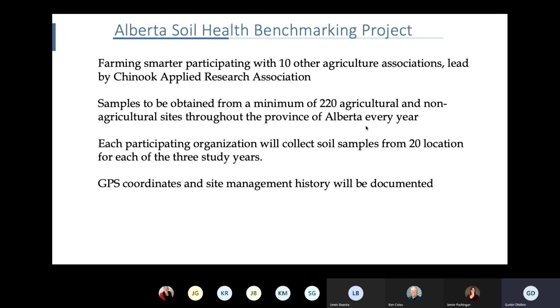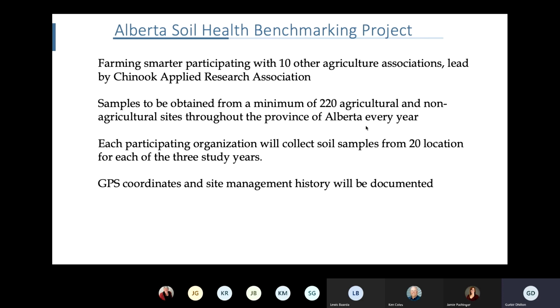A minimum of 220 sites will be sampled. These sites will include croplands, forages, and pastures. There is no specific land use criteria for site selection. However, a record of site management history is needed.